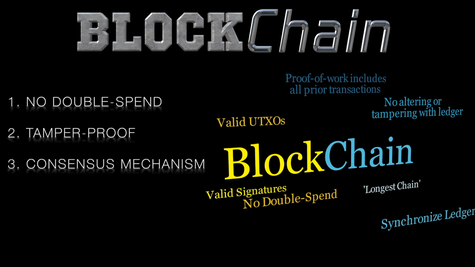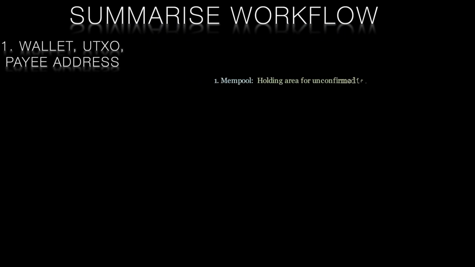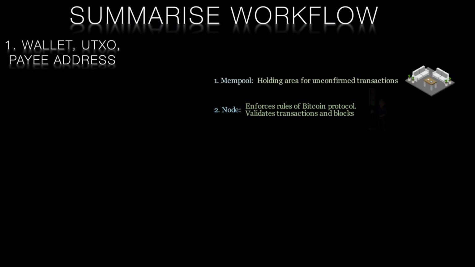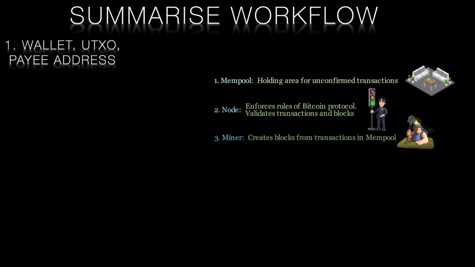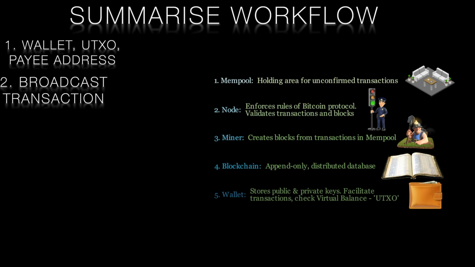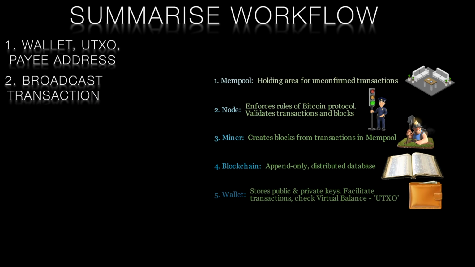So to summarize the workflow process, a payer's wallet constructs a transaction message based on the payer's UTXOs and the payee's address. The transaction message is broadcast to the network. Nodes pick up the message and perform validation checks.